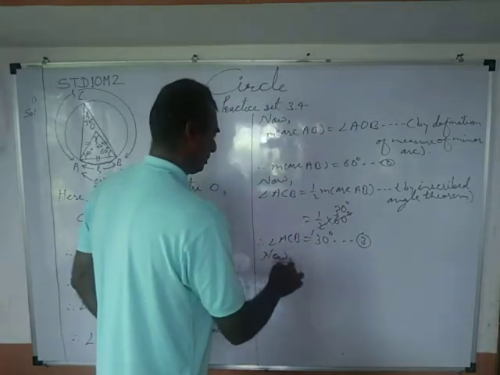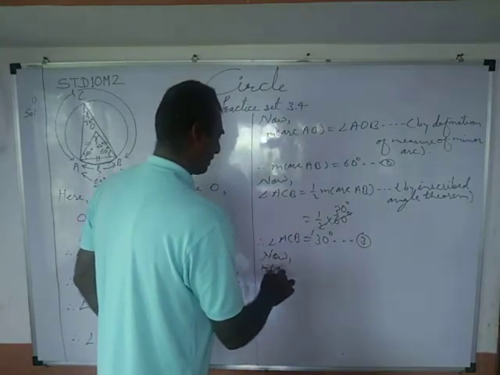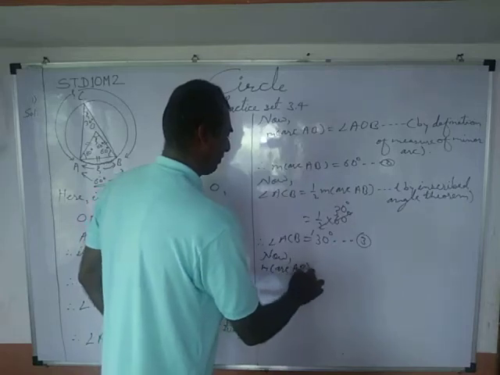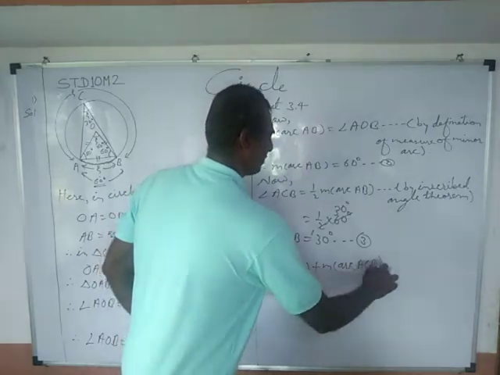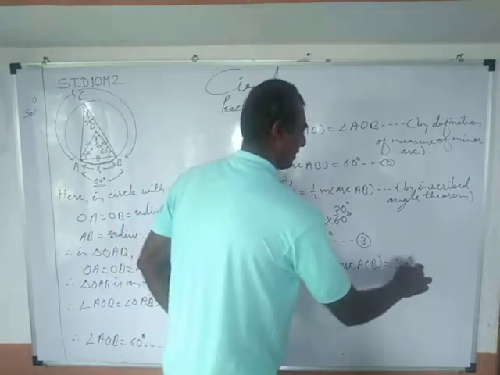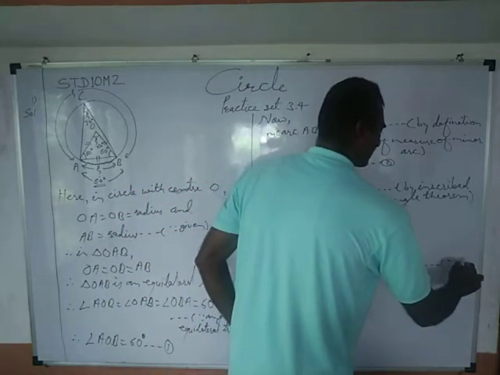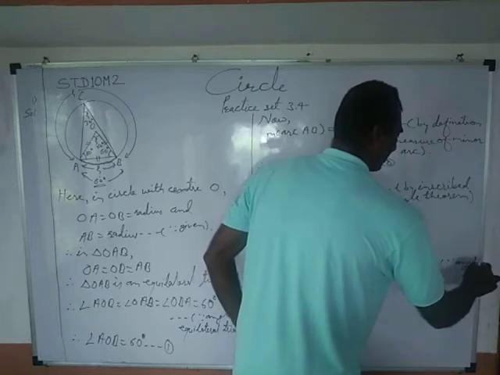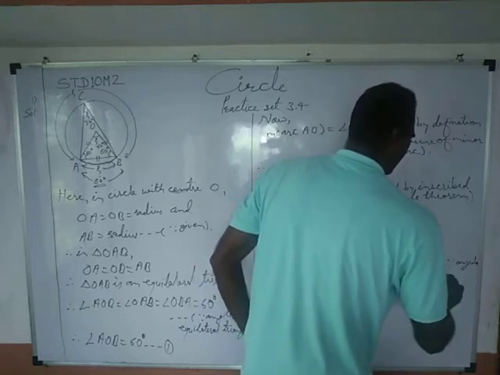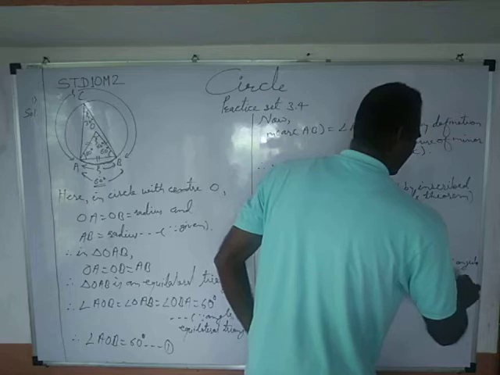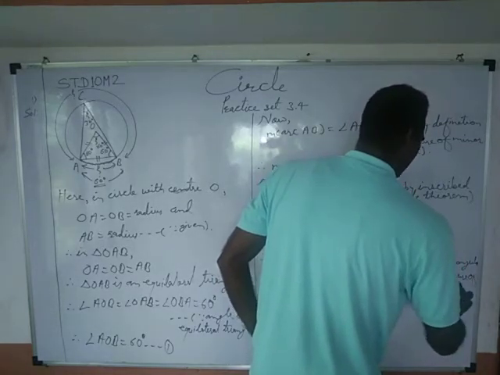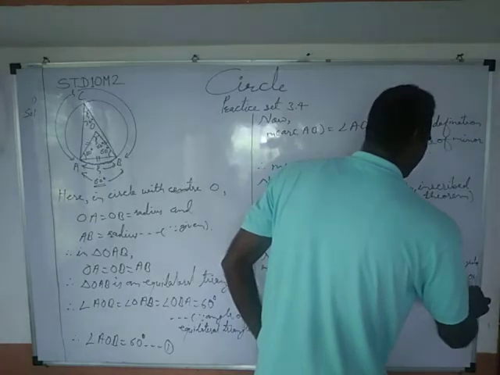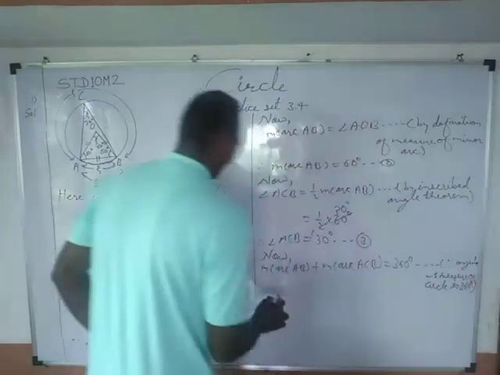Now measure of arc AB plus measure of arc ACB equals 360 degrees, since the angular measure of a circle is 360 degrees.